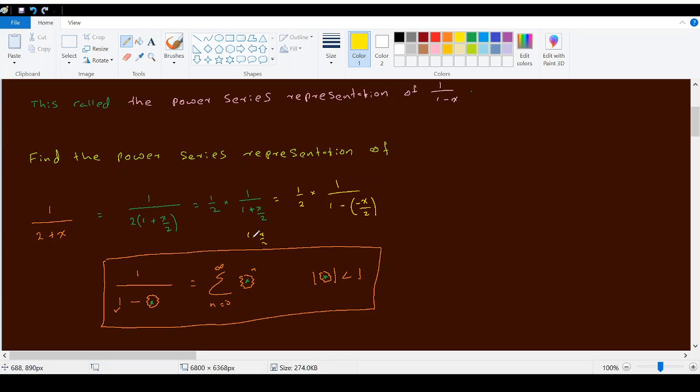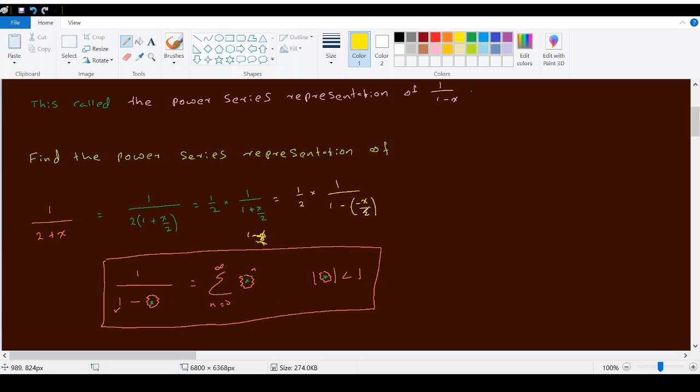But if we just write it as 1 minus x over 2, then this one and the original problem are two different cases. So you have to be careful with these rearrangements, right? And then you can see that this is exactly the same format as it is written in here, right?